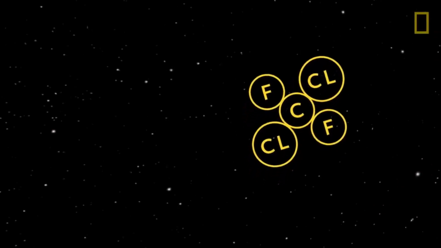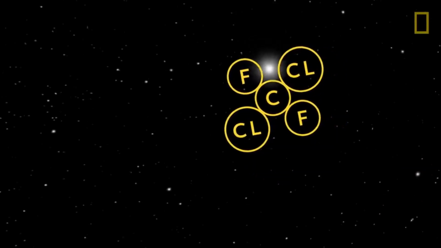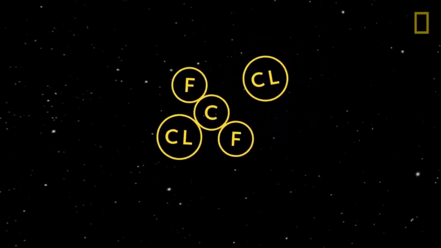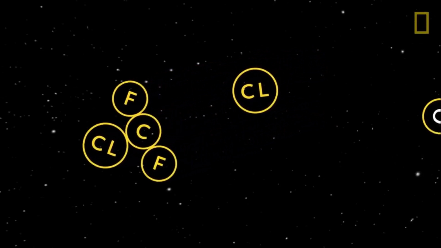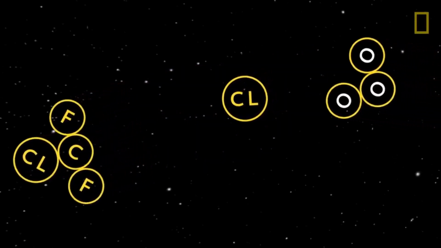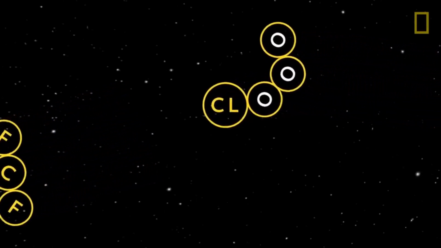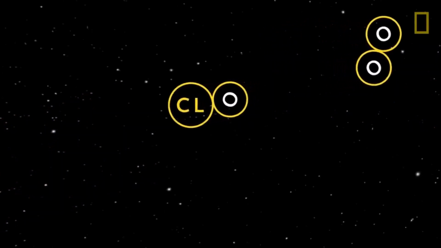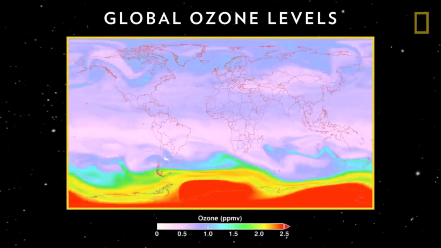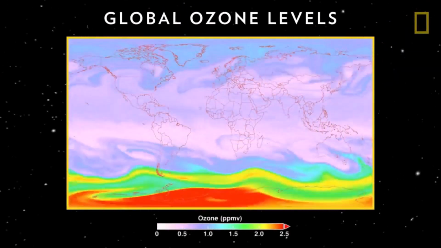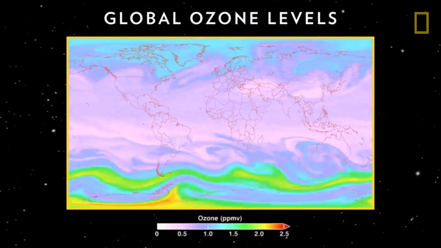When CFCs are exposed to ultraviolet rays in the atmosphere, they break down into substances that include chlorine. The chlorine reacts with the oxygen atoms in ozone and rips apart the ozone molecule. Areas of damage in the ozone layer are often called ozone holes, but that name is misleading.